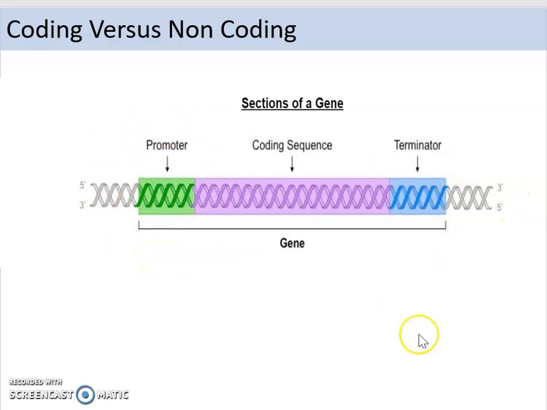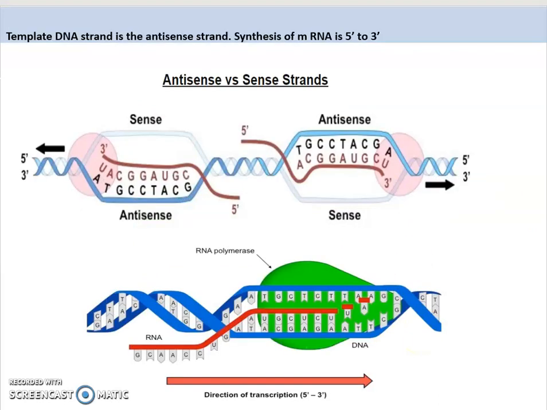The terminator sequence is similar. Remember also, this is just a reference to what we should already be aware of, that we've got 2 strands of DNA. We've got the sense strand and the antisense strand. Remember, it's the antisense strand, this one here, which is used as the template strand. So we're going to bring in nucleoside triphosphates into position using complementary base pairs.